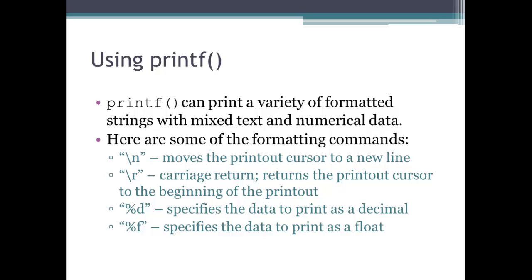A \r does a carriage return. The name carries over from back in the day with typewriters, where they in fact would have to return the carriage, which carried the keystrokes, back to the front of the paper. This accomplishes the same thing. It moves the cursor back to the left side of the screen.